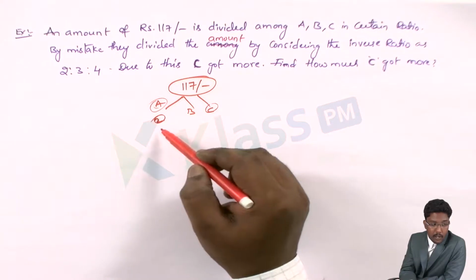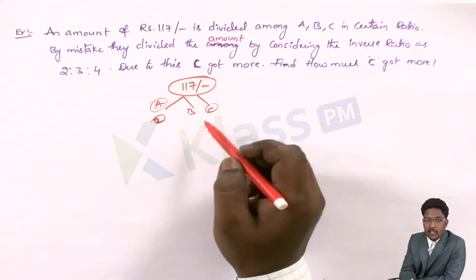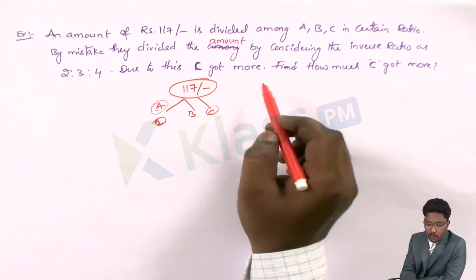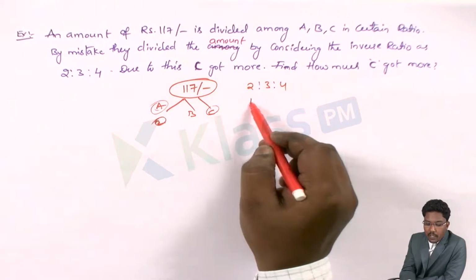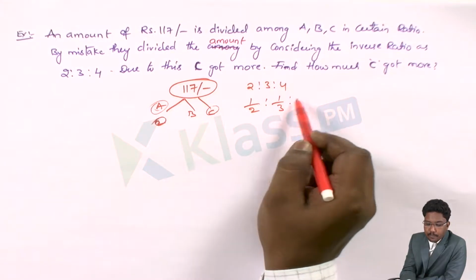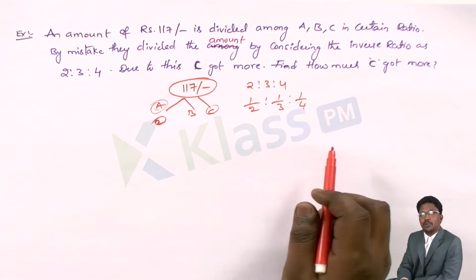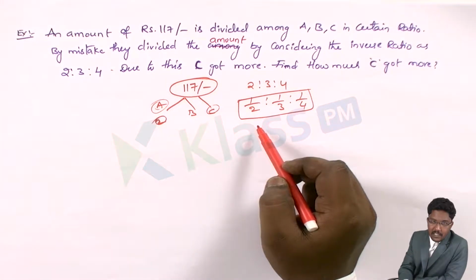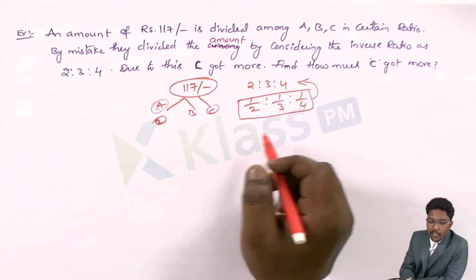Okay. But while dividing this amount between these 3 persons, the person who is dividing is considering the inverse ratio. So he took 2:3:4. But what is the actual value? Okay. The actual ratio is this one, but he considered the inverse ratio of this as 2:3:4. Then he divided among them.